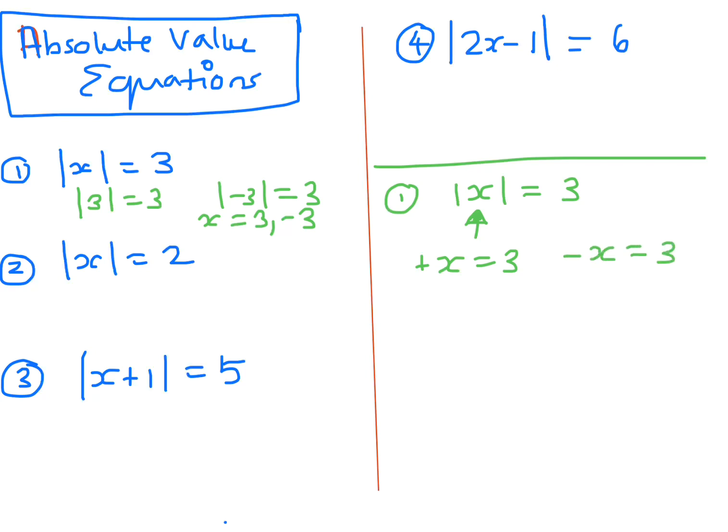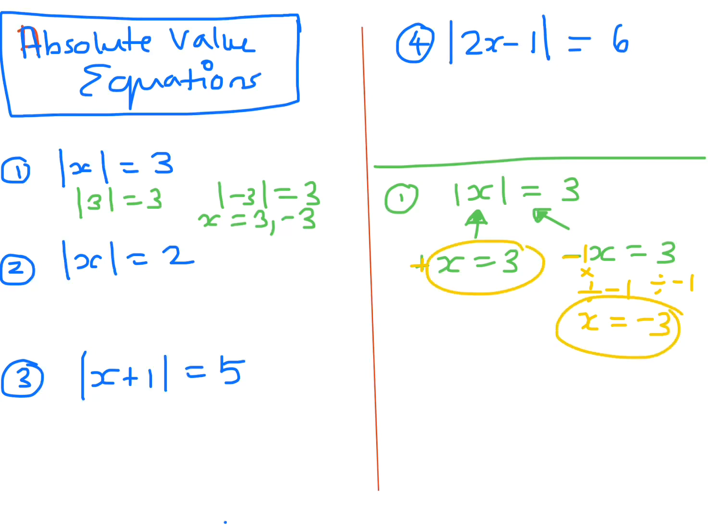I know this is a bit longer, but it builds skills so that later on you can attack any absolute value equation by solving it like this, okay? Basically, what's inside there could be positive or it could be negative. This one here, if you divide by minus 1, then you end up with x equals minus 3 and 3.